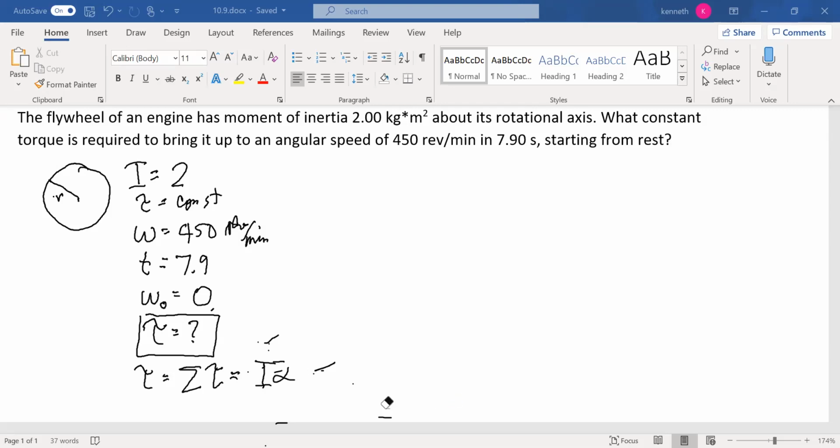So if the torque is a constant, the moment of inertia is certainly a constant, then the angular acceleration is a constant, and we can go to the constant angular acceleration equations.